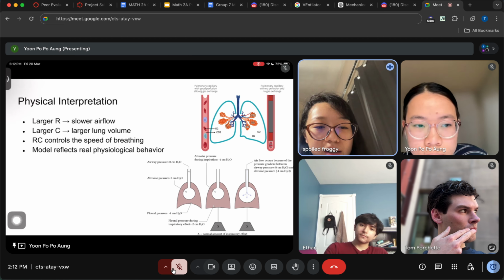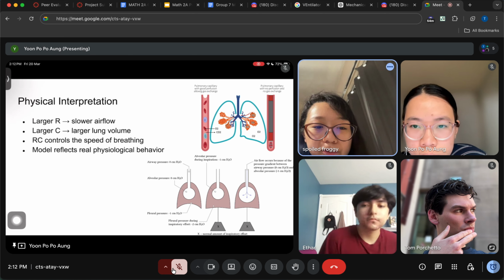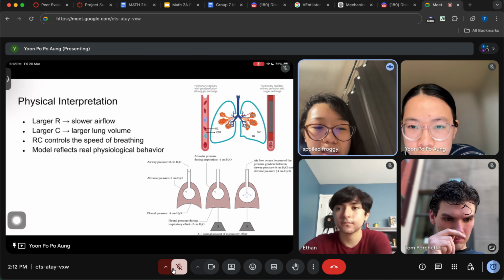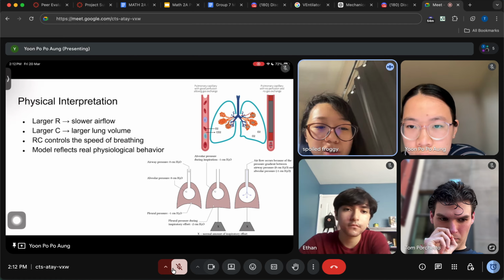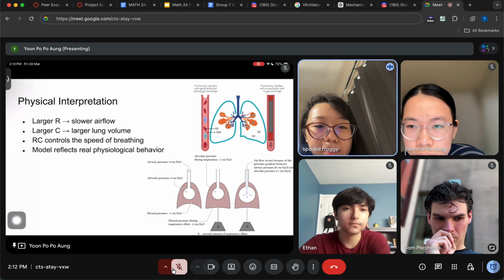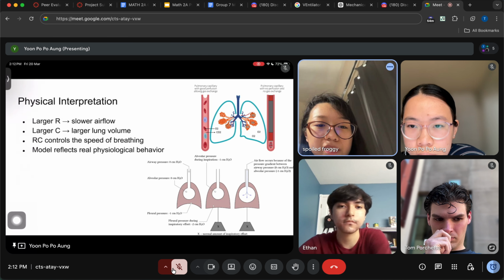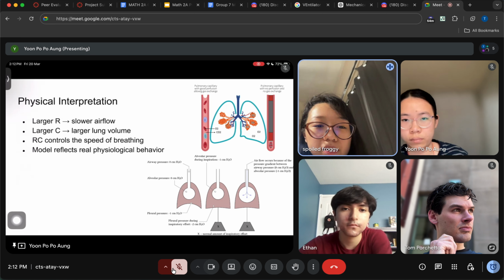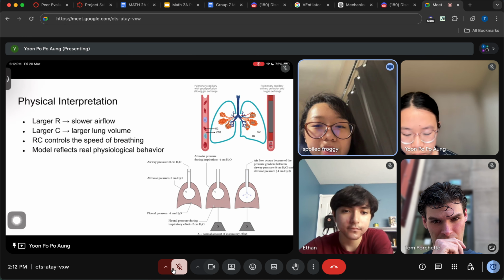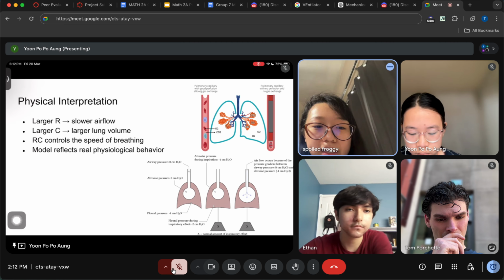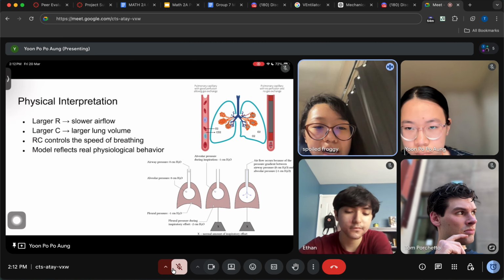The product RC determines how fast the breathing process happens. So RC controls the speed of the system. Overall, this model connects mathematical behavior with physiological breathing. And on the right of this page, here are our two diagrams.